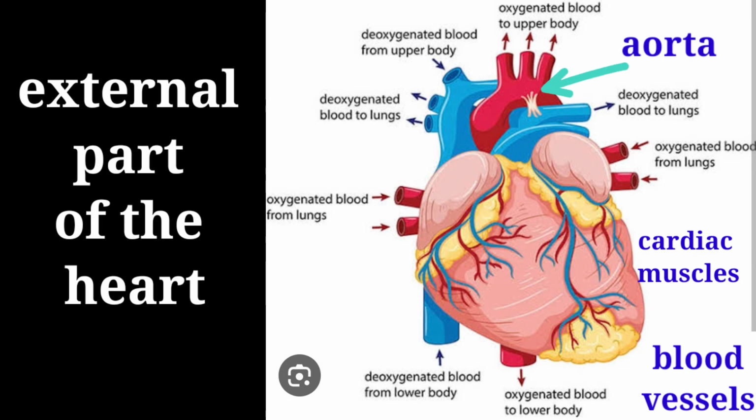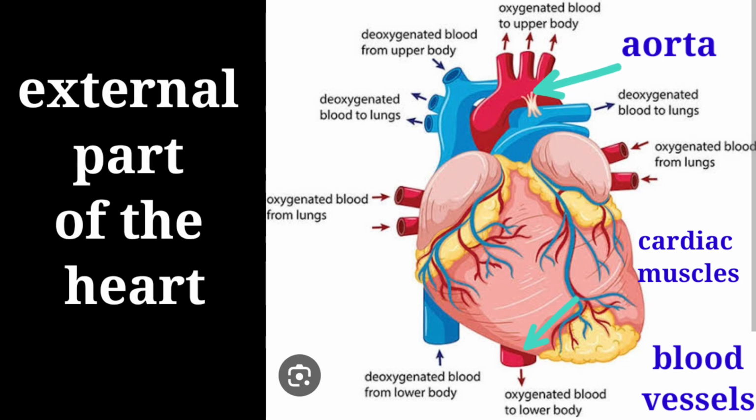Okay, so this blood again is coming from the lungs and then goes to the heart, and then the heart pumps it in order for this oxygenated blood to travel up to the upper part of the body. And the rest is also moving this oxygenated blood to the lower part of the body.